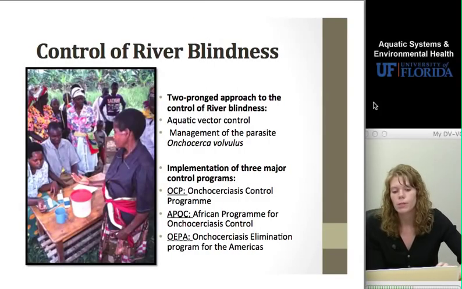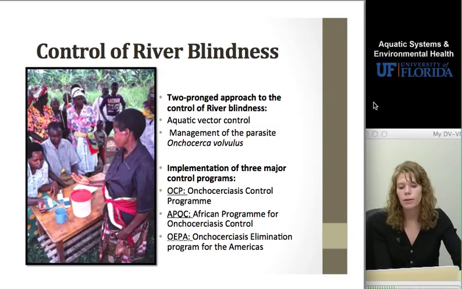So control measures of this disease have mainly been a 2-pronged approach for river blindness, either aquatic vector control or management of the parasite Onchocerca volvulus to help mitigate microfilarial load within individuals.